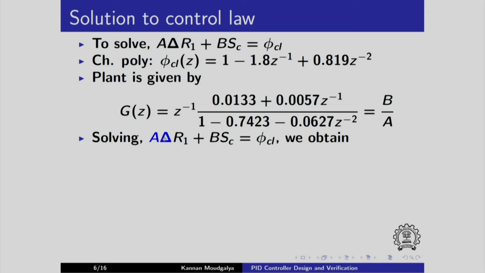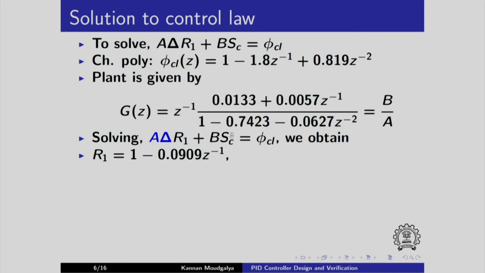But notice that delta also is known. Delta is part of the controller, that is the integral mode. So we will group A and delta as known quantity. So in this equation A delta is known, B is known, phi is known, we need to calculate R1 and SC.